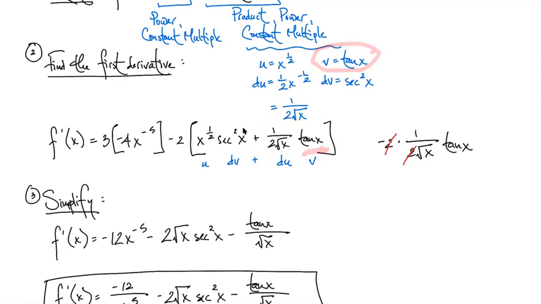Because I know that typically we write the trig function at the end. So I moved it to the end. But if I wanted to do v du, then I would just write it the other way. But since I'm multiplying, it doesn't really matter. Okay, so with multiplication and adding, the order doesn't matter, but when we get to subtraction and division, then we need to be more careful.